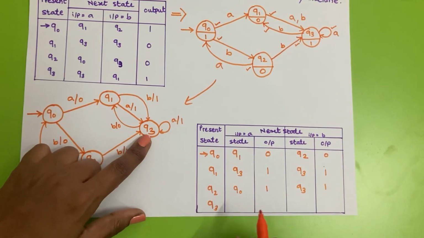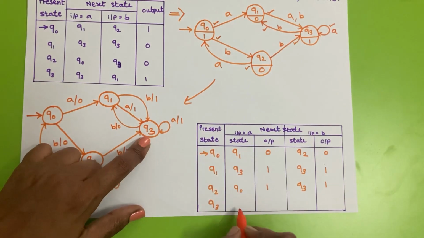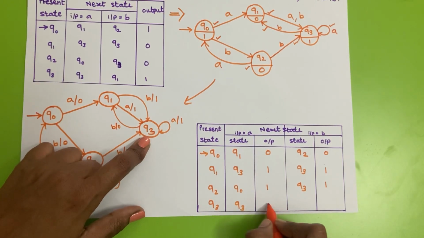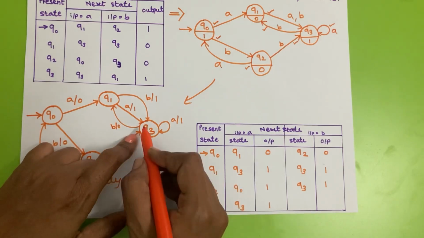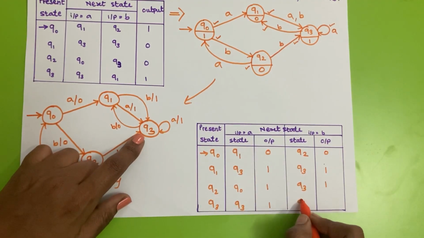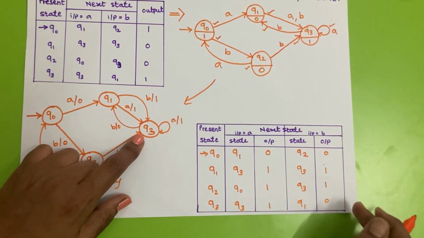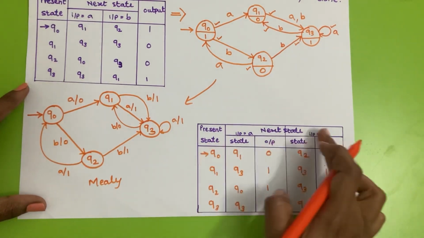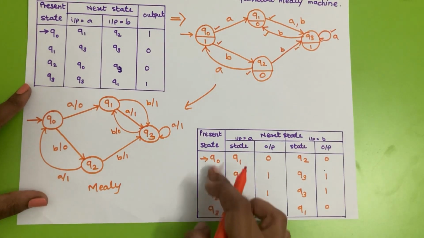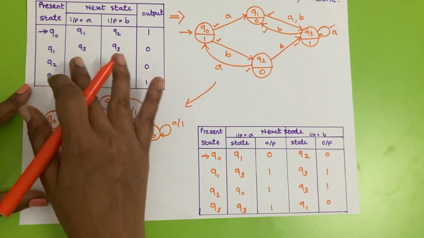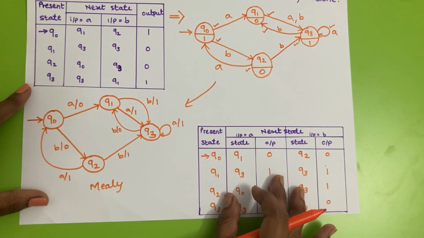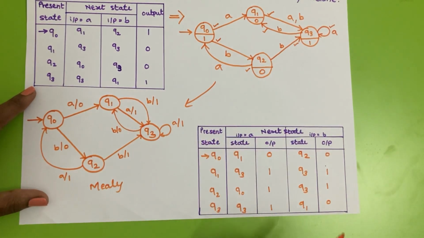And the last, Q3 on A is equal to Q3 itself and A will be replaced by 1, and Q3 on B is going to state Q1 and B will be replaced by 0. So this is our resultant Mealy machine table. We have converted Moore machine to Mealy machine directly from the transition diagram.